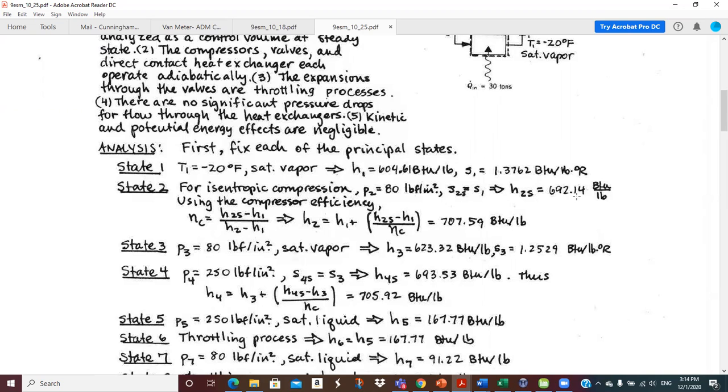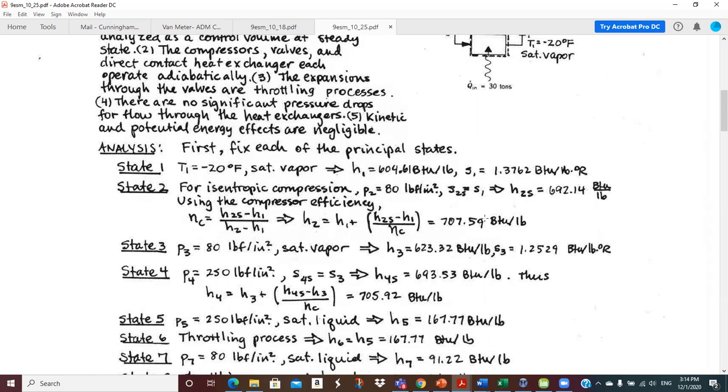So 692.14 is the isentropic, and then this is the expression for the isentropic efficiency. It's H2s minus H1 over H2 minus H1. So we're going to solve this for H2, which we've done here. And then when you plug the numbers in, you get 707.59.